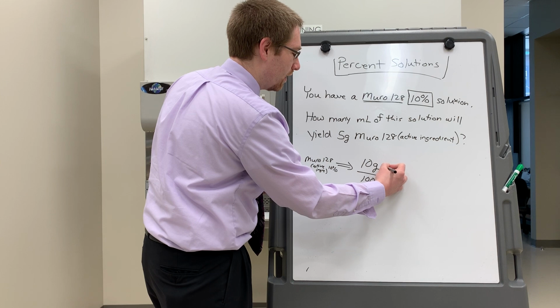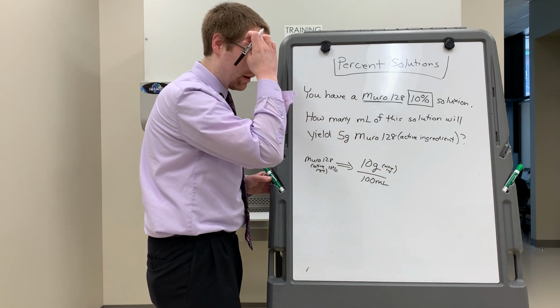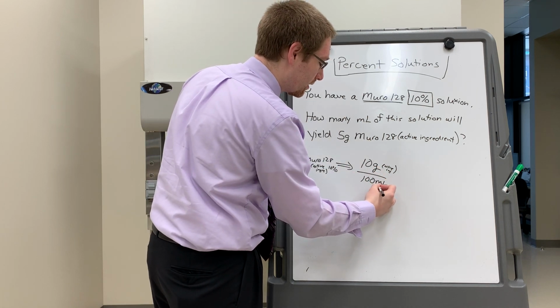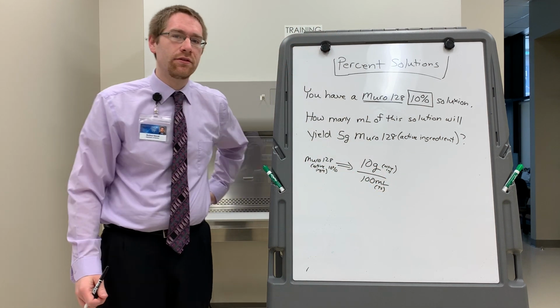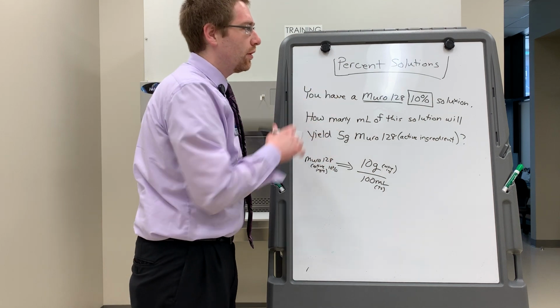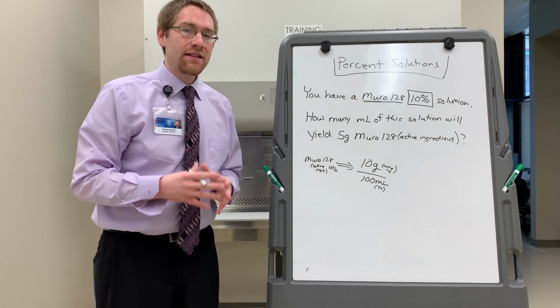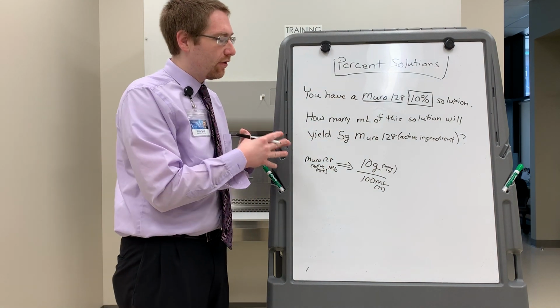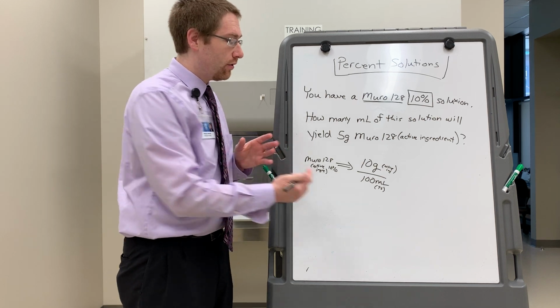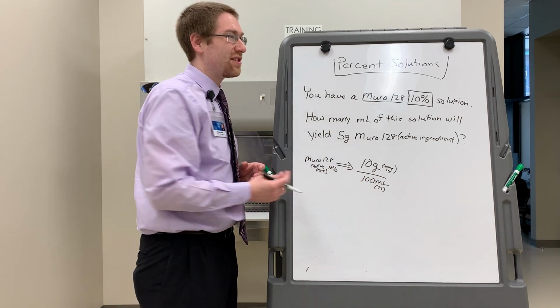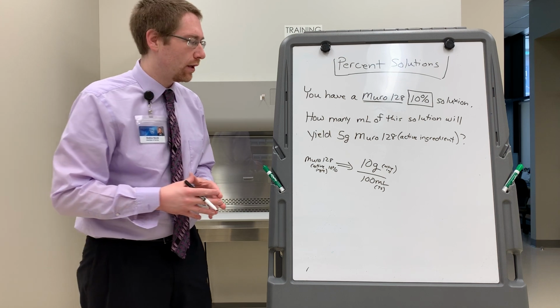So I'm going to write active ingredient for the 10 grams, and then I'm going to write 100 mLs, and I'll write TS, meaning total solution. So Mura 128 10% tells me that for every 100 mLs of that solution, there's 10 grams of Mura 128.